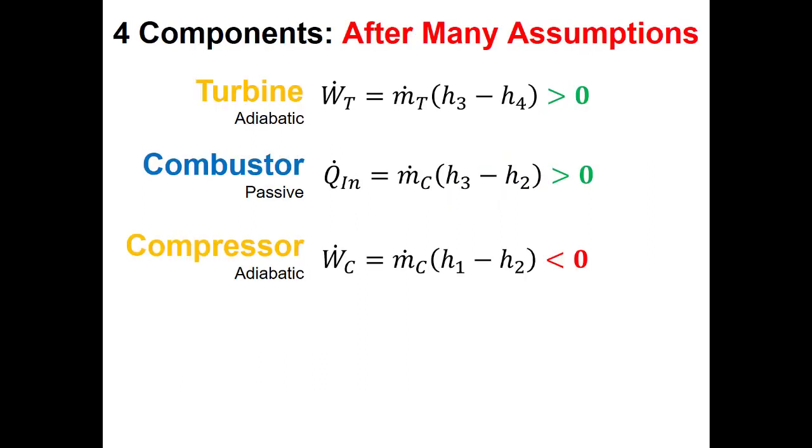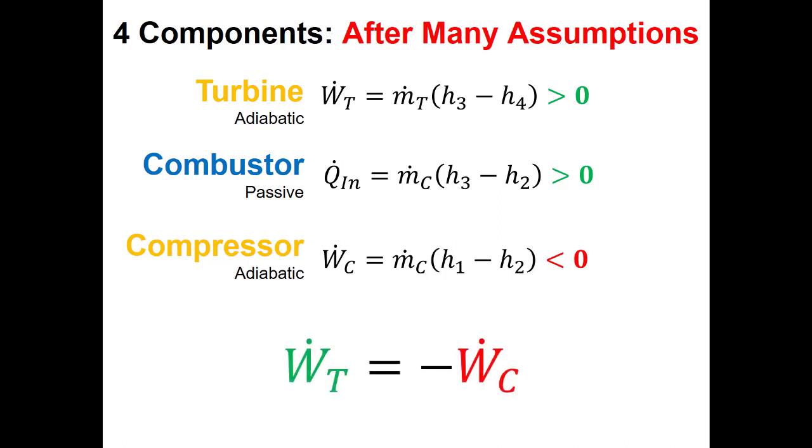When I do that, I'll get the equations that I'm used to seeing for turbines and compressors, that m dot times h in minus h out is equal to power. And I know that my turbine power is going to be positive and my compressor power is going to be negative. My combustor will have a positive heat transfer rate because it's heat in, and that will be m dot times h3 minus h2, or h out minus h in.